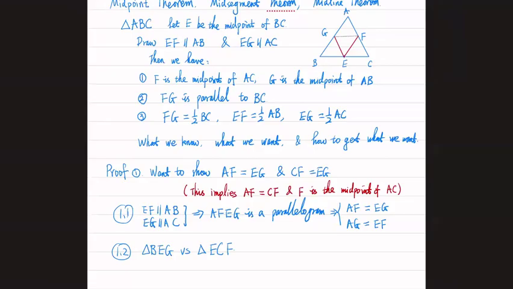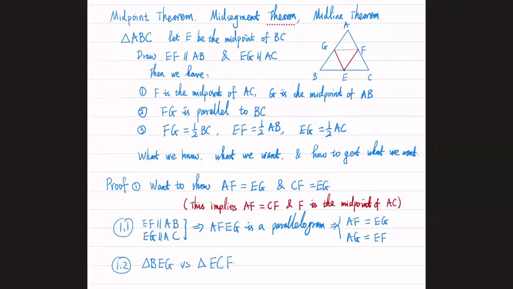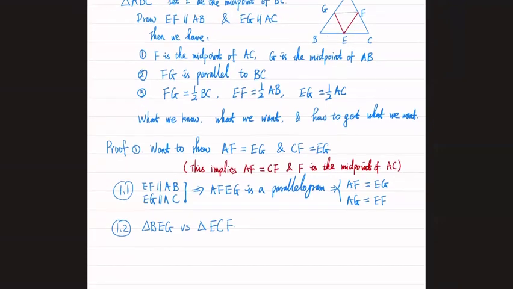What do we know about them? We know that E is the midpoint. In particular, these two sides have the same length. That's what we know.